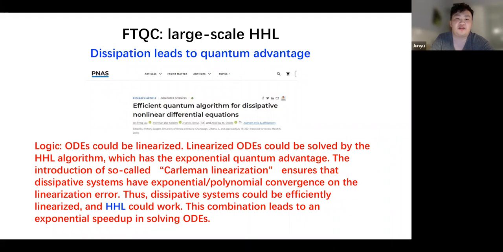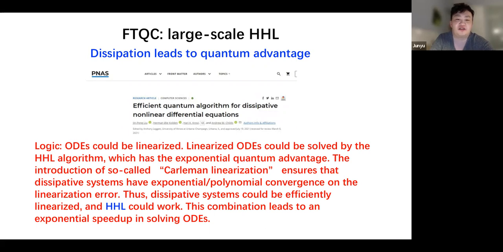Recently, some people, including Andrew Childs et al. and his colleagues, found that there exists an efficient quantum algorithm for nonlinear differential equations, nonlinear ODEs. The idea behind those efficient quantum algorithms that could potentially outperform classical ones is that nonlinear ODEs could be linearized.